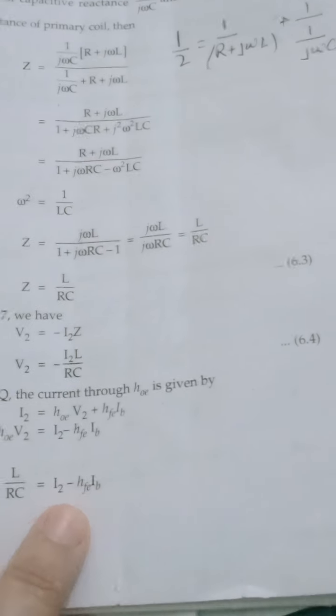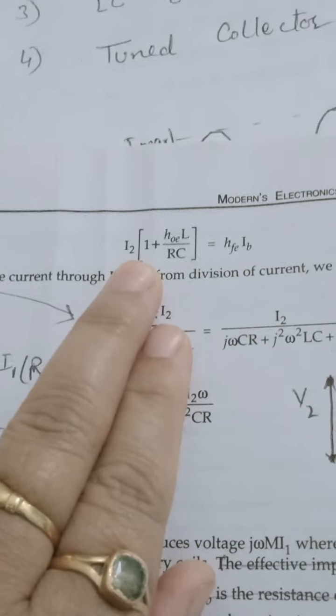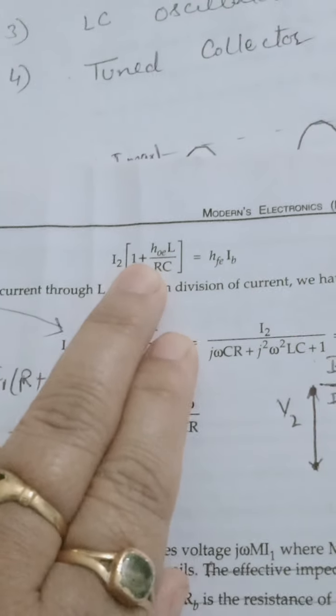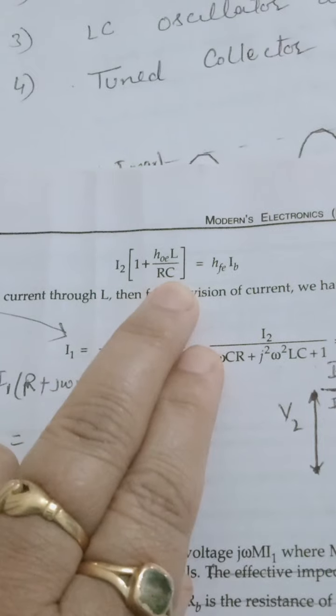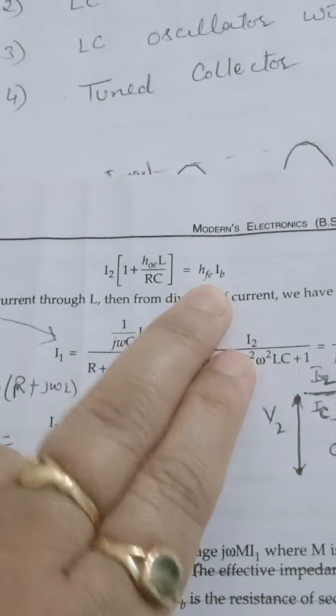So this value is put over here and all the factors remain unchanged. Then there are two terms with I2, we combine them in a single bracket and we finally get I2 into 1 plus HOE L upon RC is equal to HFE IB.